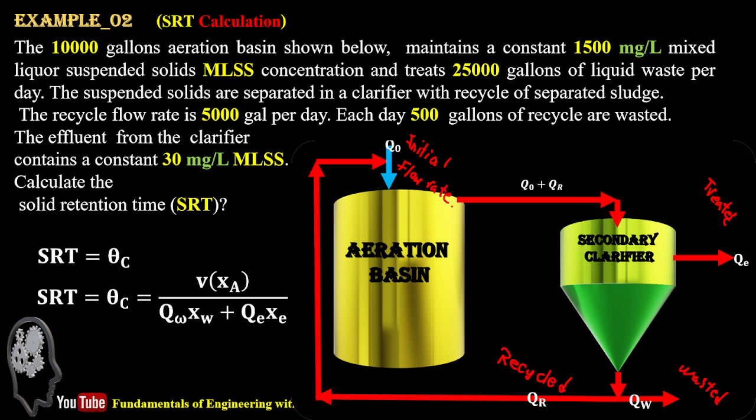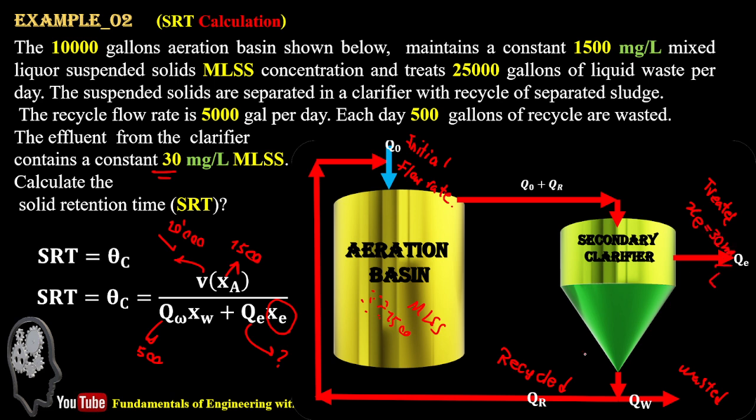So we do know the volume of the tank, which is 10,000 gallons, and the concentration of biomass in the aeration basin, that's 1500 mg/L in terms of MLSS, mixed liquor suspended solids. In the denominator, Q wasted is 500, Q effluent we don't know. The concentration of the treated, XE, is equal to 30 mg per liter.